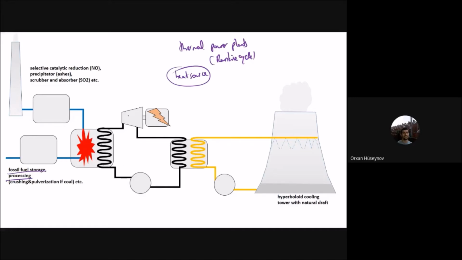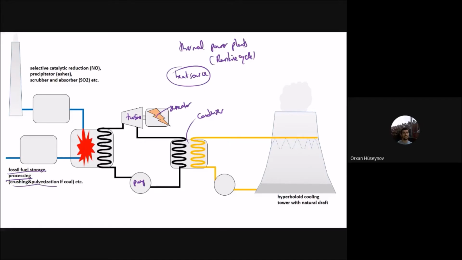That water enters this turbine as superheated steam, and you get the generator power here, and then it goes to the condenser, and then from that condenser to the pump, and then you are recirculating the water here. And on this side you have some processes before entering the boiler, before burning it. For example, you have the storage and processing, like crushing of the coal, pulverization of the coal, etc. You have these processes before burning the coal.